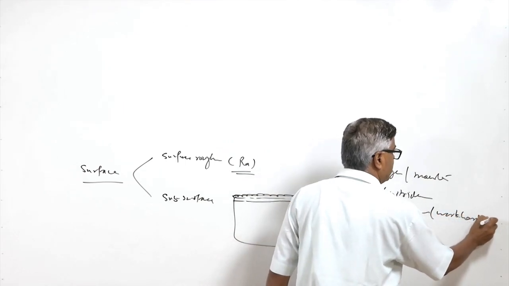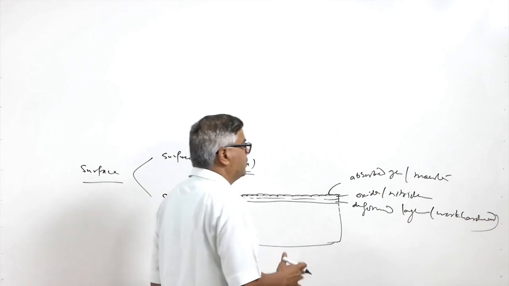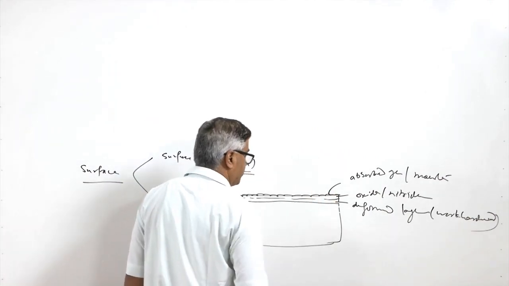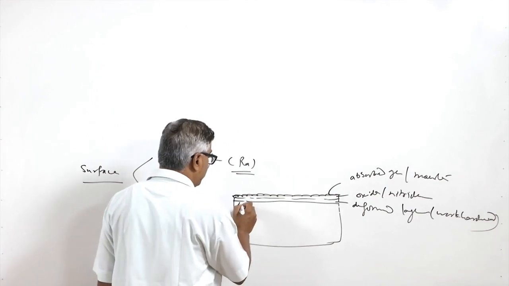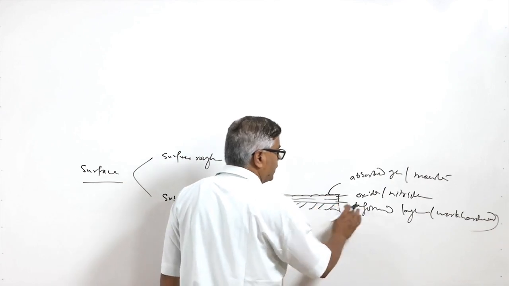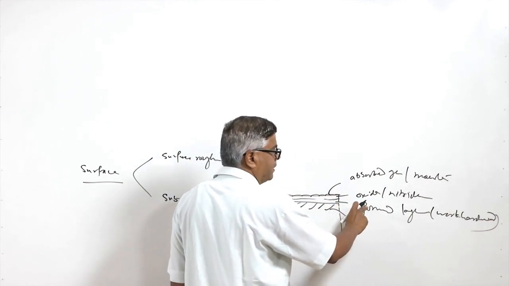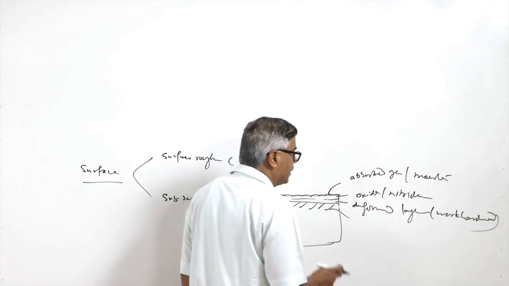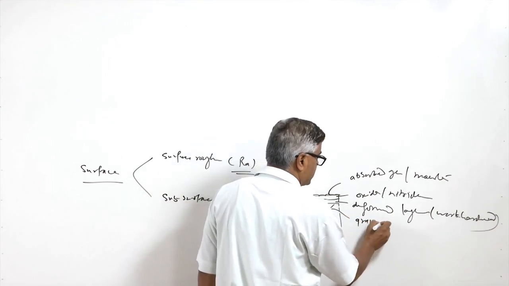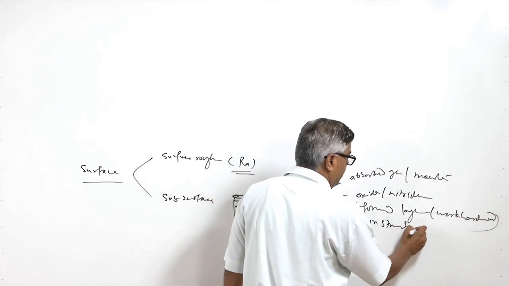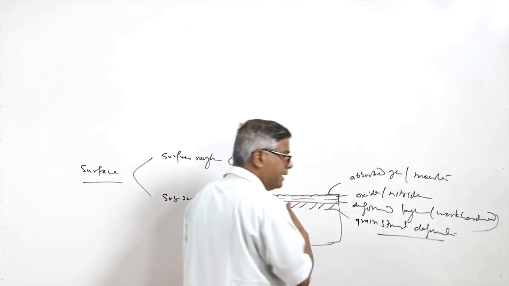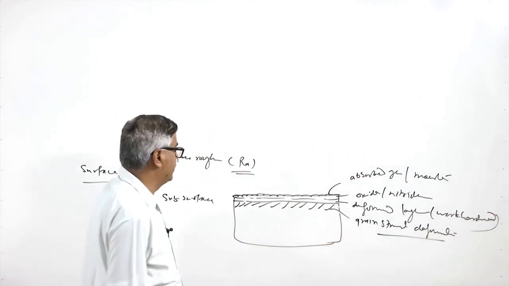Any surface basically will have this kind of components produced through the manufacturing process followed by machining. Then there will be another zone having deformed grain structure. Here the grain structure is recognizable, but it is in a deformed state, like elongated in one particular direction.